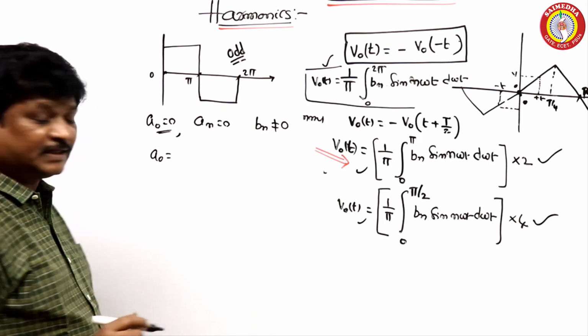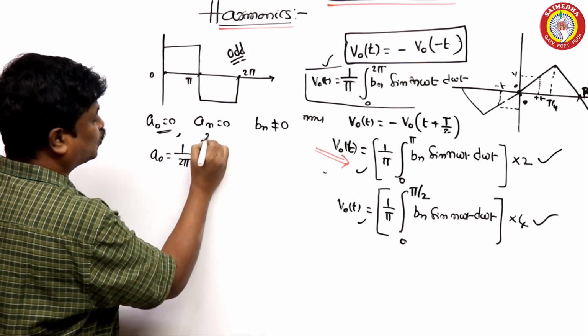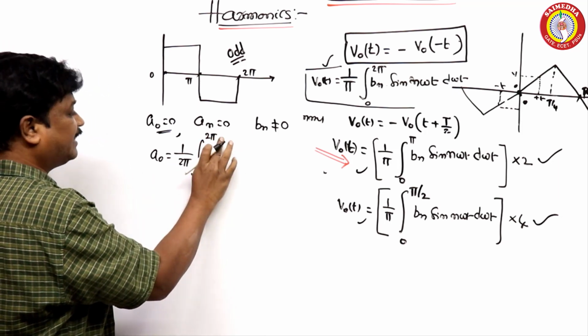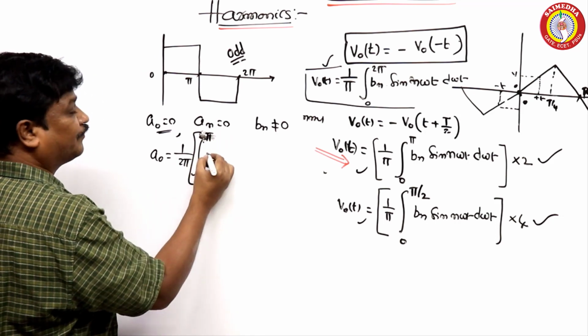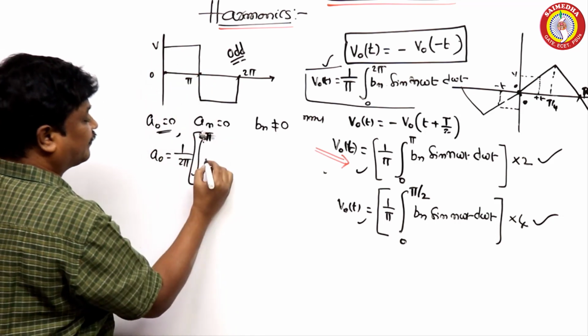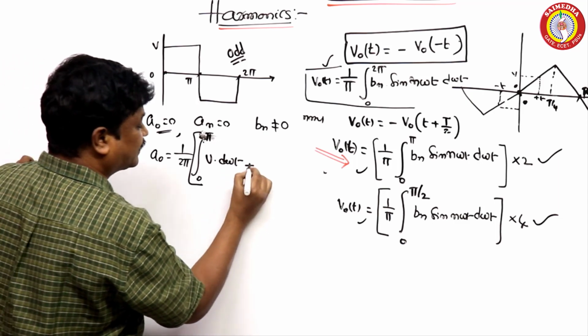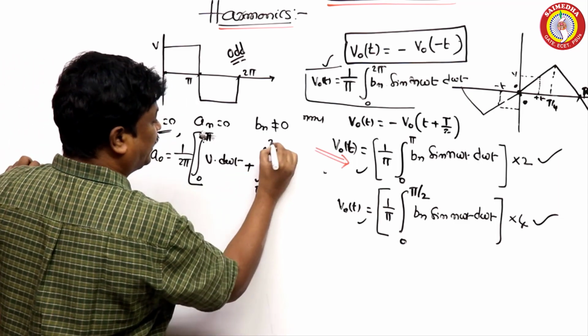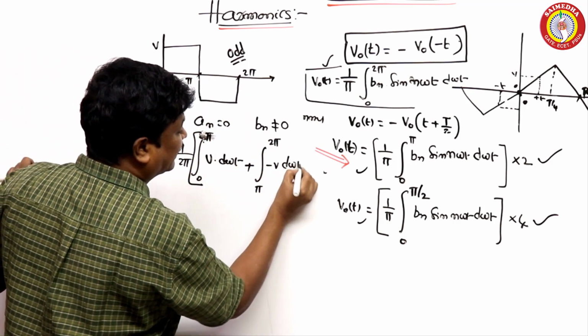What do we want to calculate for this one? 1 by 2 pi integral of 0 to 2 pi, or otherwise 0 to pi, V into d omega t, plus pi to 2 pi, minus V into d omega t.